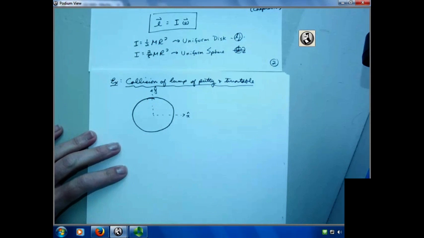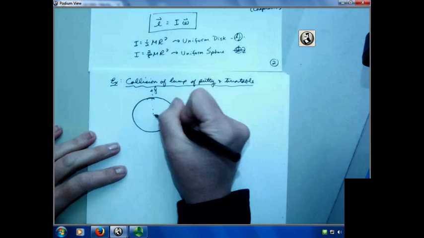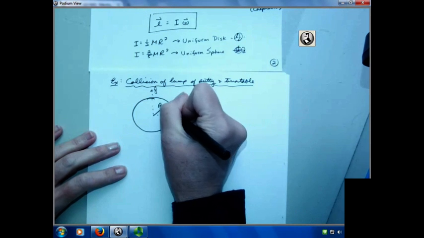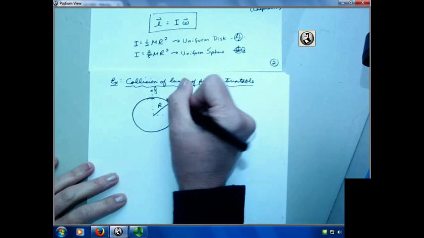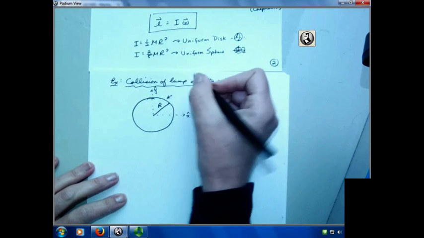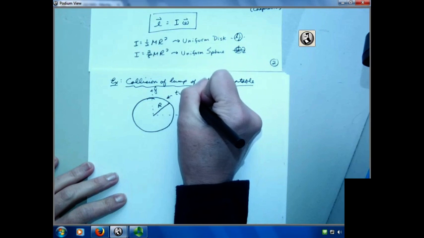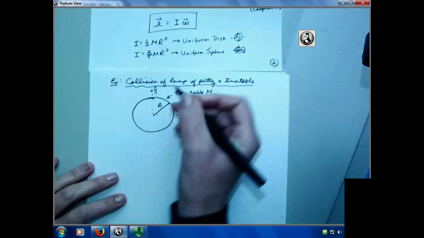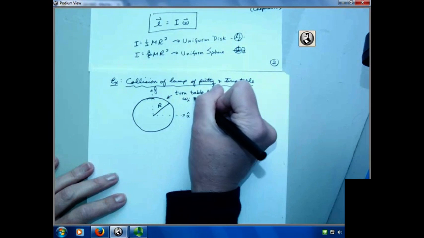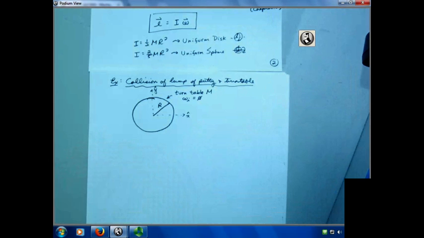The turntable is going to have a radius of capital R and a total mass of m, and initially it is at rest, so it's not rotating.